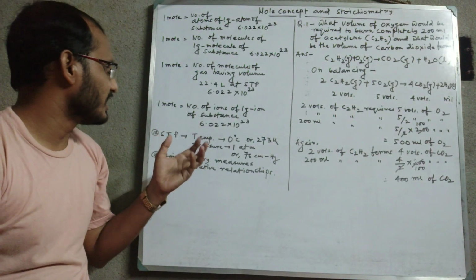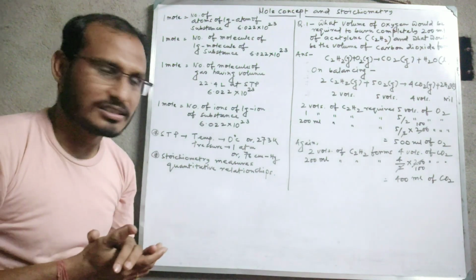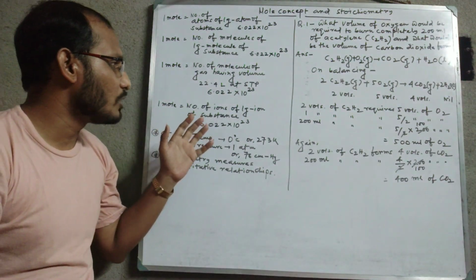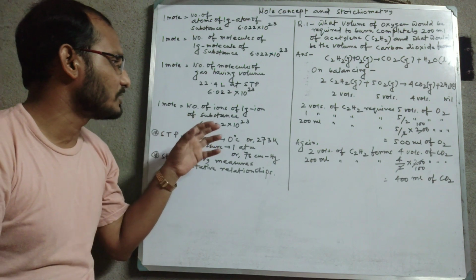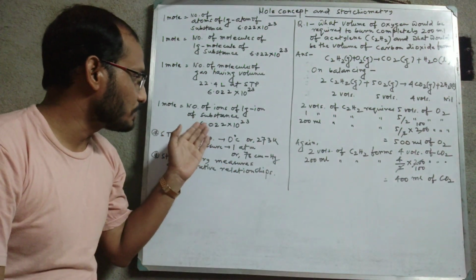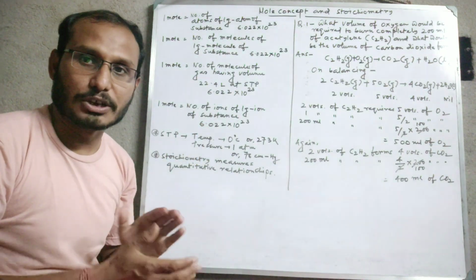Again, in case of ions, 1 mole is equal to the number of ions in 1 gram ion of a substance, which is 6.022 into 10 to the power 23.